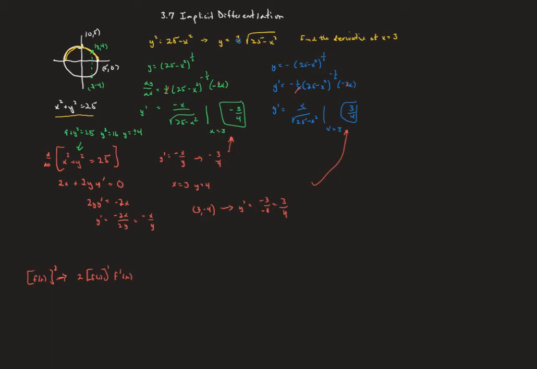The point being that this idea of implicit differentiation really does work. It's consistent with what we did using our old method. So hopefully now we can trust it when there are problems where there's no way we could separate it off.